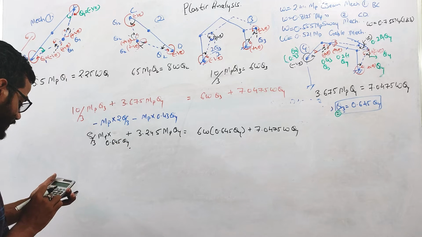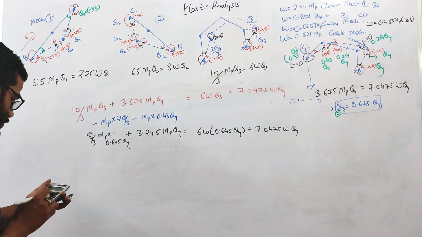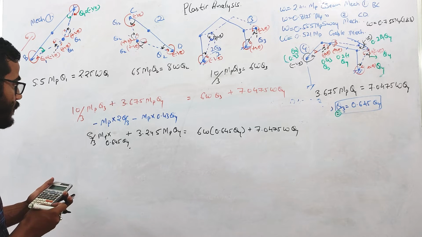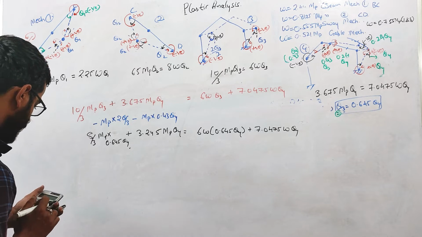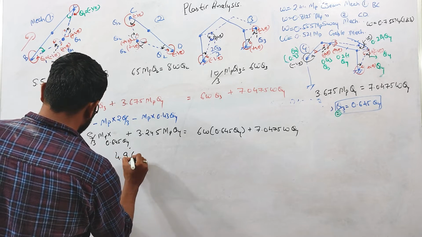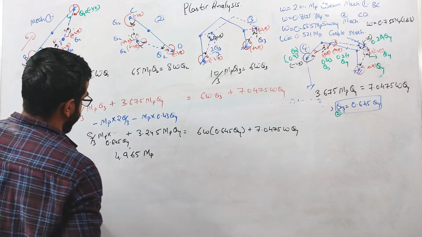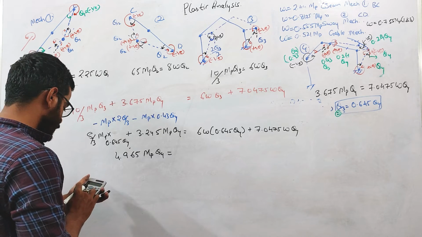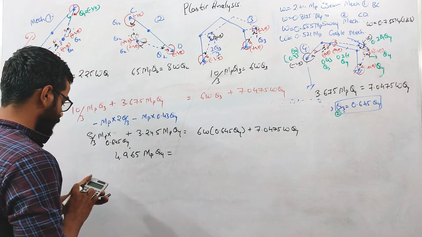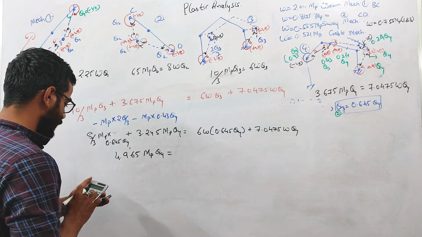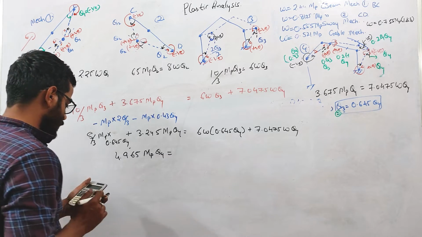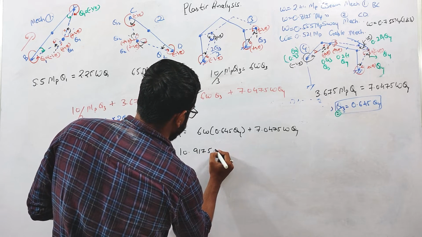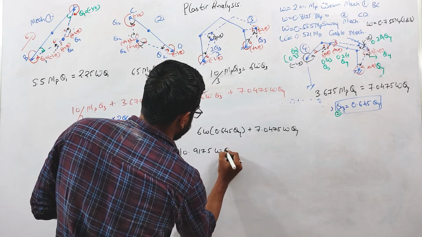Okay. So if you calculate this, this is 4.965 MP theta 4, and this is equal to 6 into 0.645 plus 7.0475, so this is 10.9175 W theta 4.